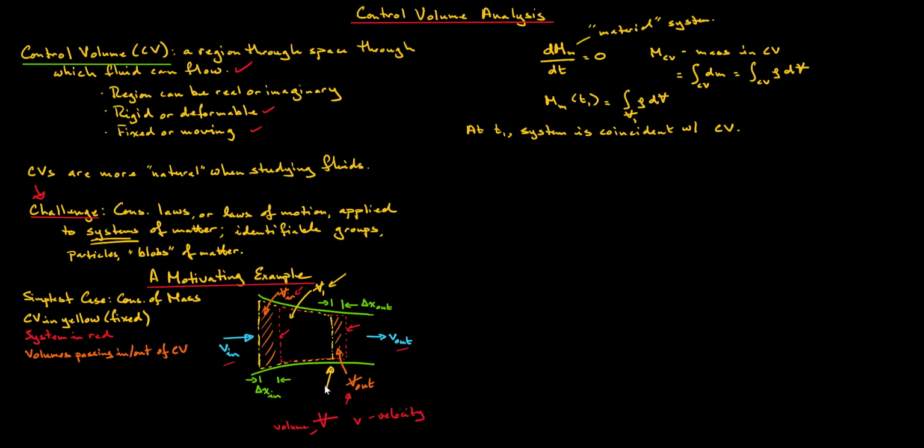So the system defined in red and the CV defined in yellow overlap with each other. What we can say mathematically is the mass of our system is equal to the mass inside our control volume at time t1.